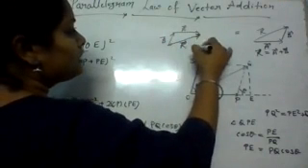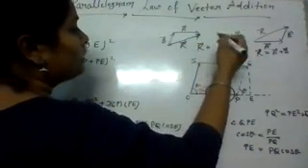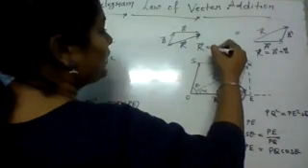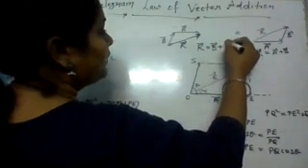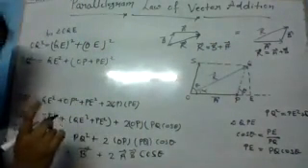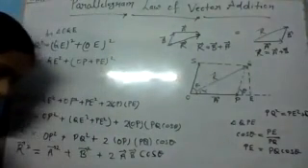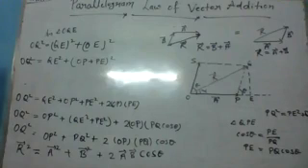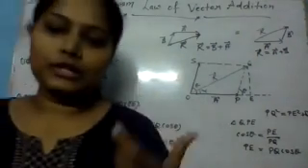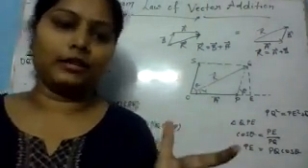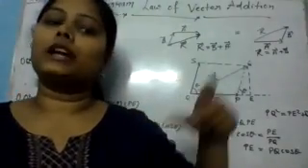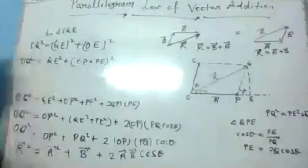So this is your R vector equals B vector plus A vector, right? In this way we can represent vector addition in a graphical method. Now we will see the mathematical method. We will do numericals on both of them.